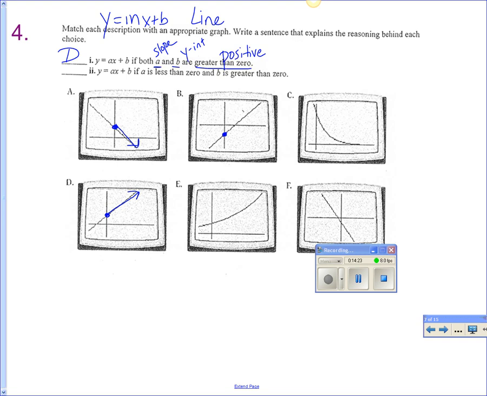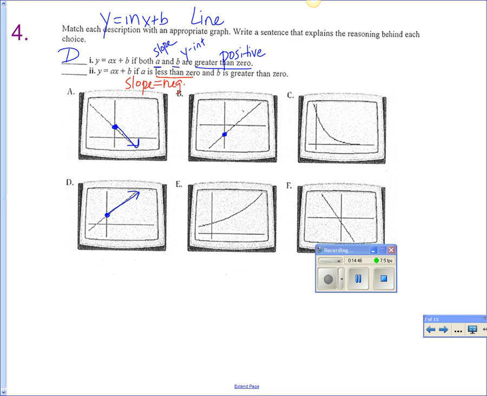Okay. This second one, y equals ax plus b. A is less than 0. So what does it mean to be less than 0? Very good. Once again, A is beside the x. So what does that mean A is? The slope. So the slope is negative. Okay.